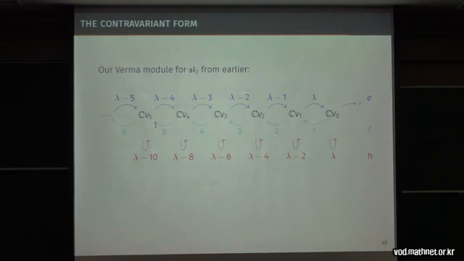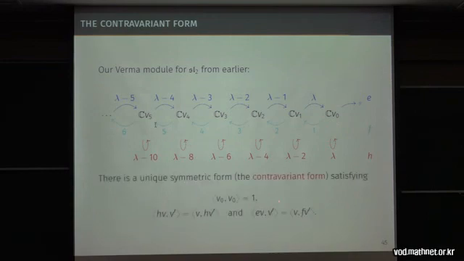Okay. So remember our Verma module from earlier, this very concrete module. There's a unique form, called the contravariant form, satisfying these simple formulas. This one says that if I evaluate this guy with itself, I should get 1. This condition basically tells me that the different weight spaces are orthogonal.